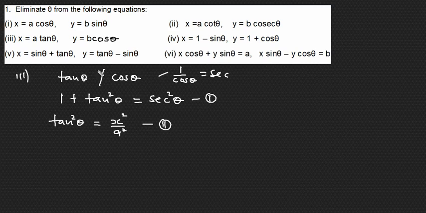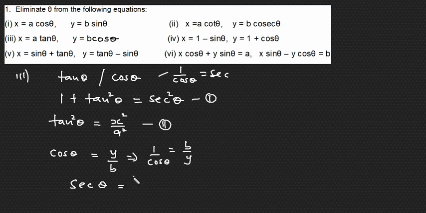Now let us see cos theta is going to be y over b, implying that 1 over cos is equal to b over y, but this is sec, so sec theta will be b over y, and sec squared will be b squared over y squared. So if this is equation 3, I'm going to add 2 and 3, and I put these 2 into 1.